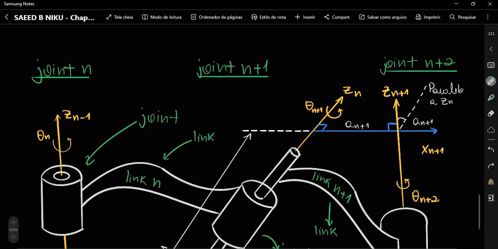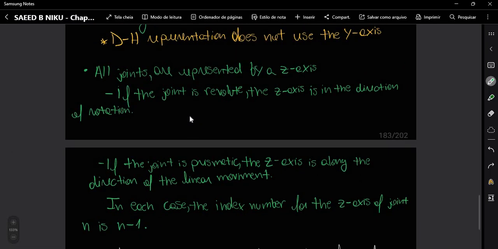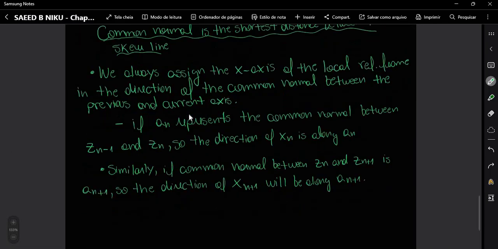We are not following this pattern. For the first joint, joint n, we got Zn minus 1, and this joint in the center, we got Zn, and a joint after this one, we got Zn plus 1. Okay, and we got even more to cover.